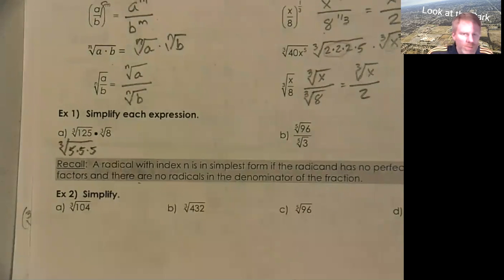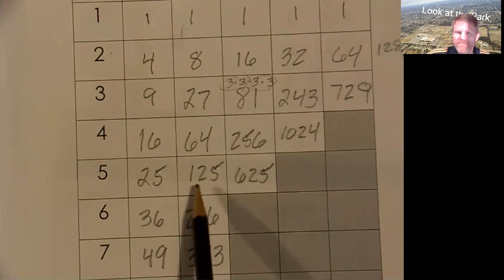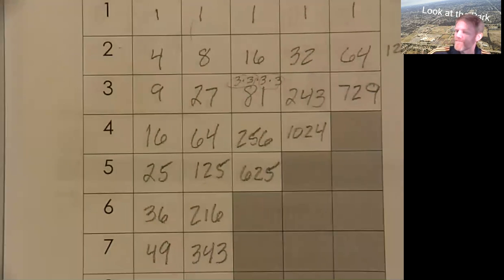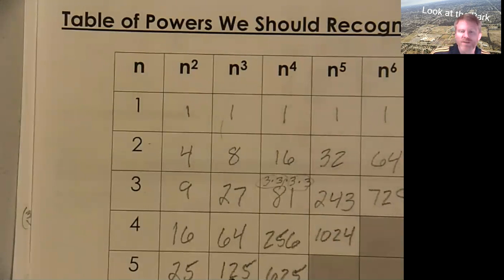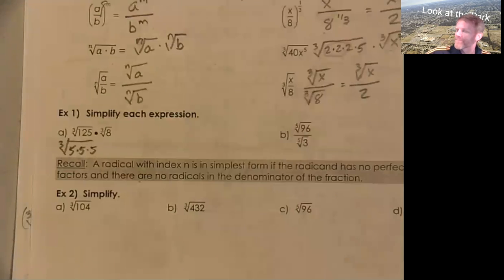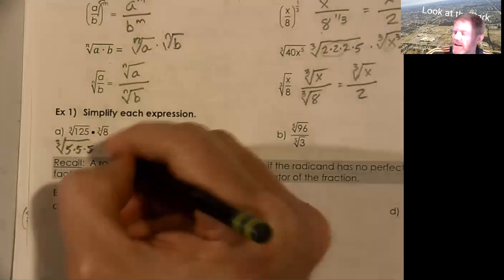If you know the cube root of 125, if you know your power chart well enough, so 5 cubed is 125. Then the cubed root of 125 is 5.